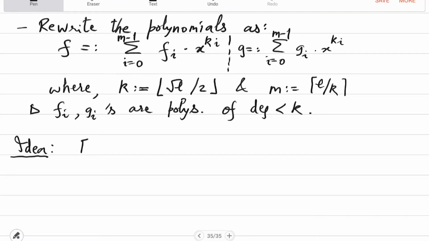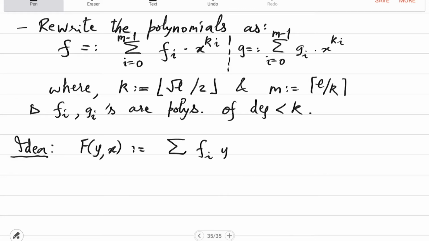So let us define the bivariate polynomials. Actually, this y I'm using intentionally. This y is the same y as before, the y which is present in E. It's not a mistake.